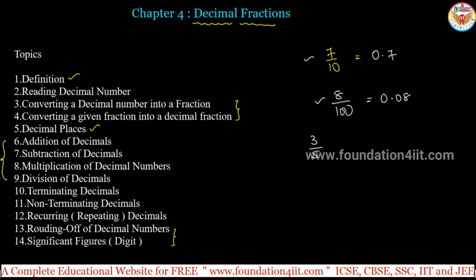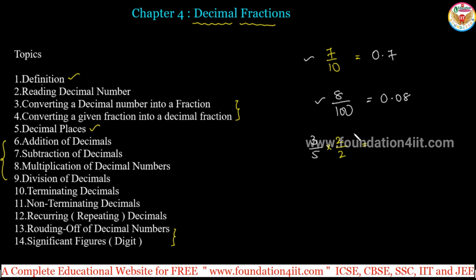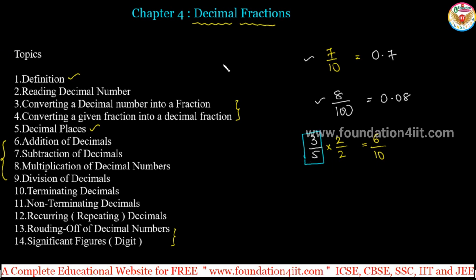Now let us take 3 by 5. If you observe, the denominator is not 10, but we can make it 10. How? Multiply the numerator by 2 and the denominator by 2. Then 3 into 2 is 6, and 5 into 2 is 10. So we expressed the denominator as 10, so 3 by 5 is a decimal fraction, or decimal number.